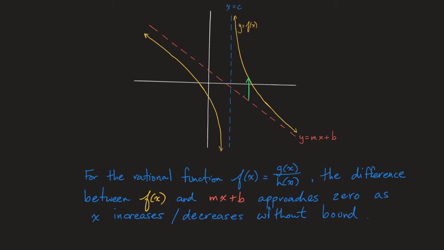And as I start to move to the right, that difference gets smaller and smaller and smaller. You just know that as the nature of a curve approaching an asymptote. It gets closer and closer to it without touching it. That's all we really mean when we say approaches a value of 0.